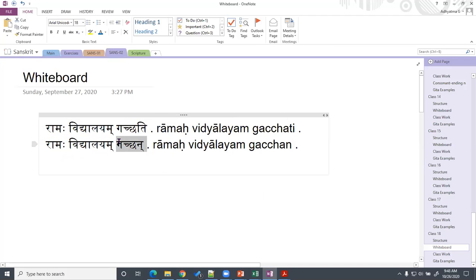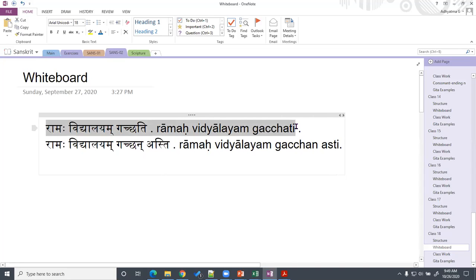So Ramaha Gachan. Because it's a nominal form, we have to supply a verb. We normally say asti. You won't normally find this verb in usage, but it is implied. Ramaha Gachan asti. The meaning will be the same: Rama is going to the school.